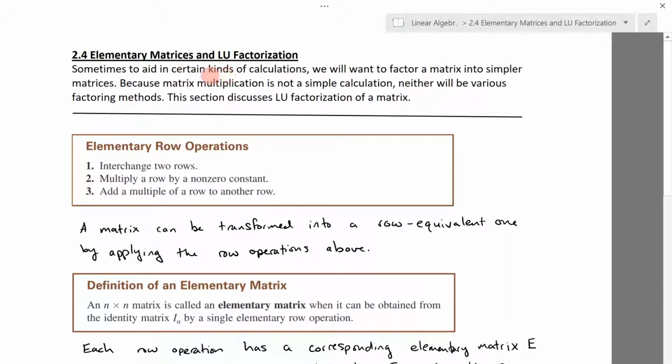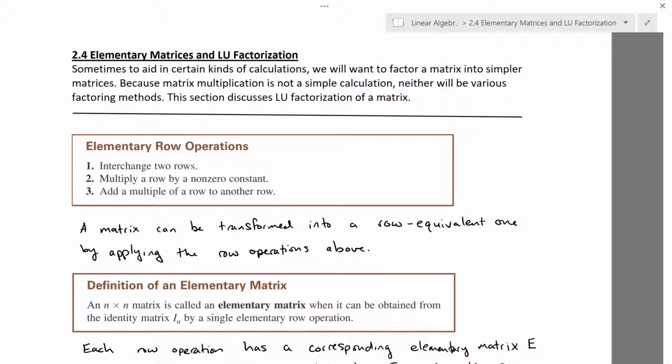So when multiplying, say, two n by n matrices, each entry of the result requires n separate calculations to do the dot product. And because there are n squared entries in the matrix, in total for an n by n matrix, typically you need n cubed separate multiplications to do the calculation.